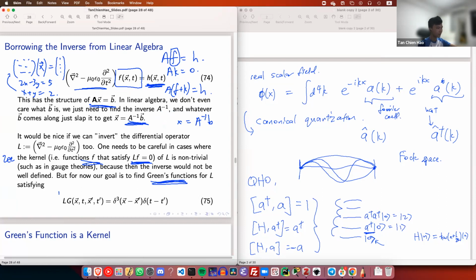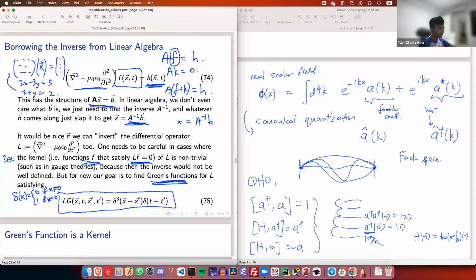The Green's function satisfies this property over here, where the Dirac delta is a function that is 0 if x is not 0, and is 1 if x equals 0, roughly speaking.